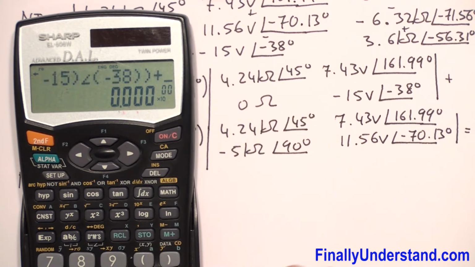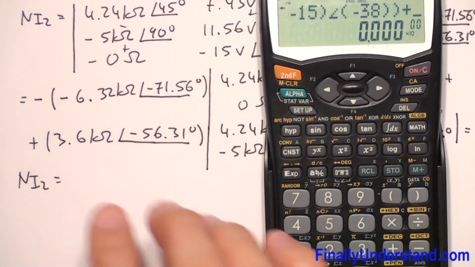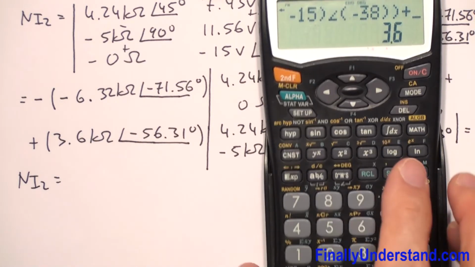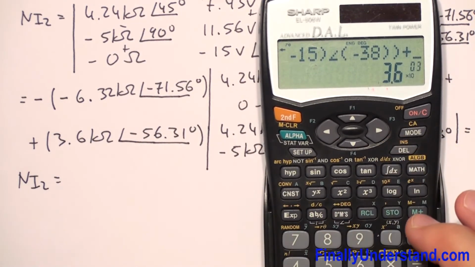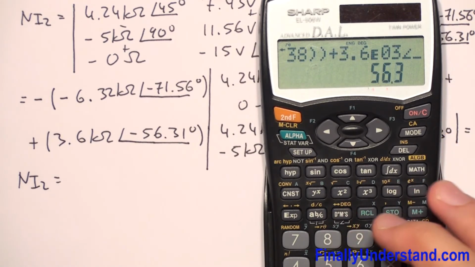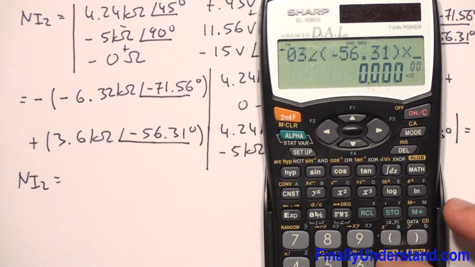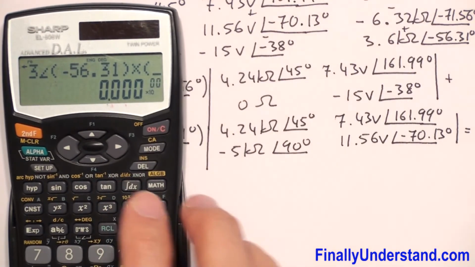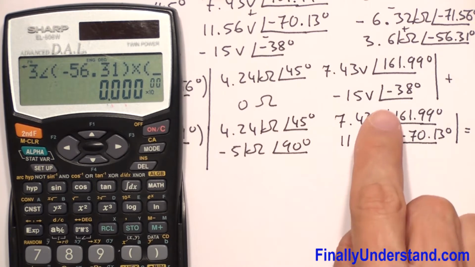Plus, okay, and we have 3.6 exponent 3 and angle of negative 56.31 times open parenthesis, and simply multiply them again.